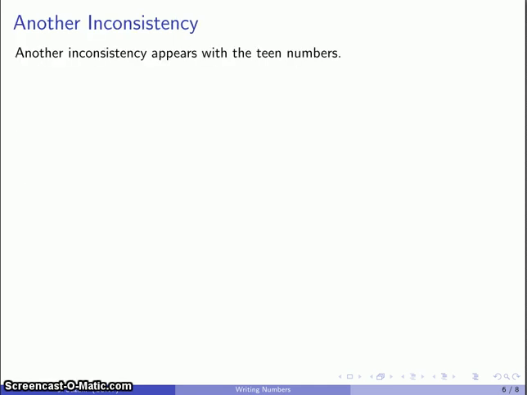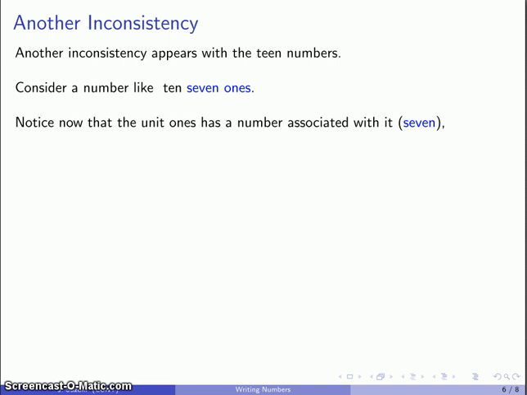The next inconsistency appears when we describe the teen numbers. For example, consider a number like 10 7, which we now call 10 7 ones, with that name for the smallest unit. There's a new inconsistency here. The smallest unit now has a number associated with it, 7 ones, but our next size unit, the 10, does not.